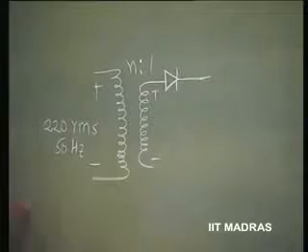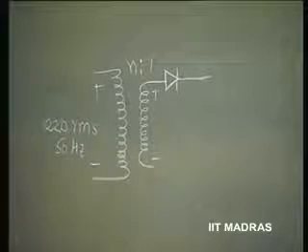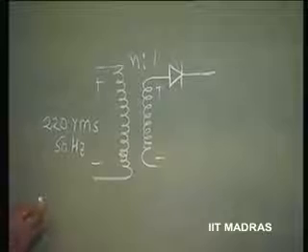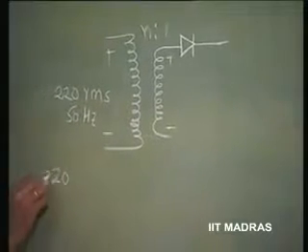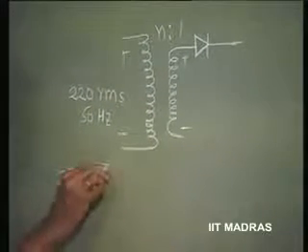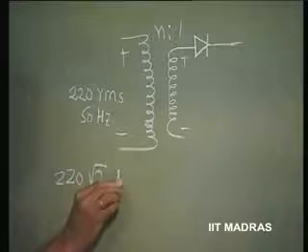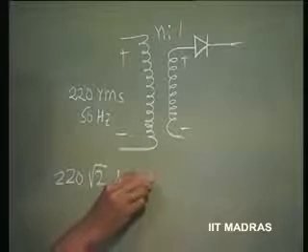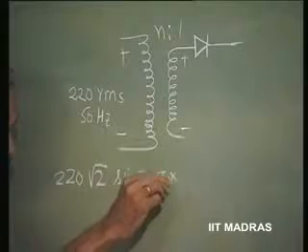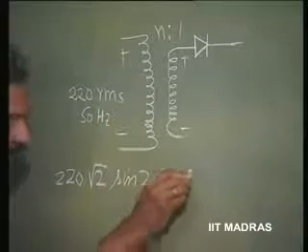Okay. 220 volts RMS means, let us see what it is. 220 volts RMS is 220 into root 2 sin 2 pi into 50 t.